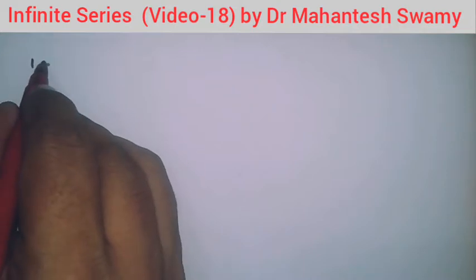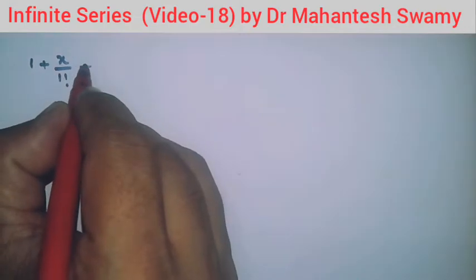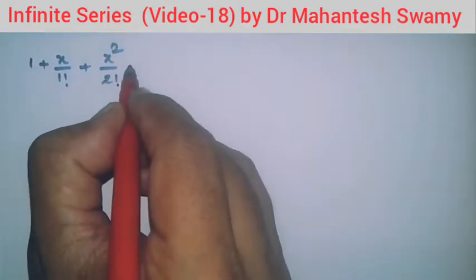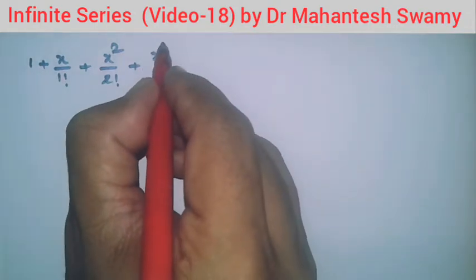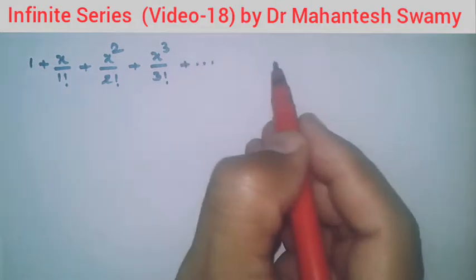A series of the form 1 plus x divided by 1 factorial plus x square divided by 2 factorial plus x cube divided by 3 factorial plus dot dot dot.